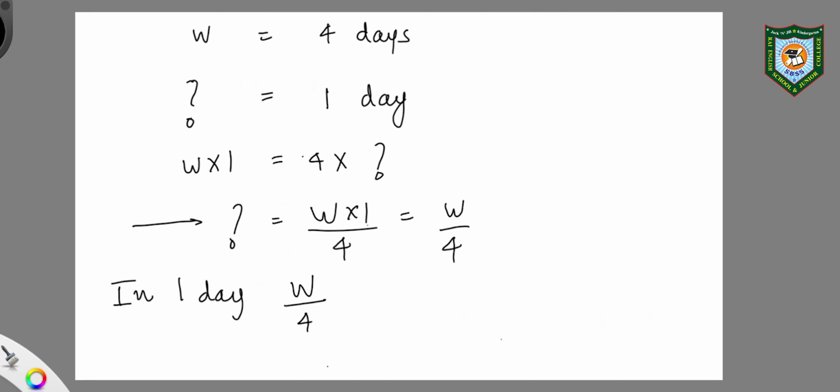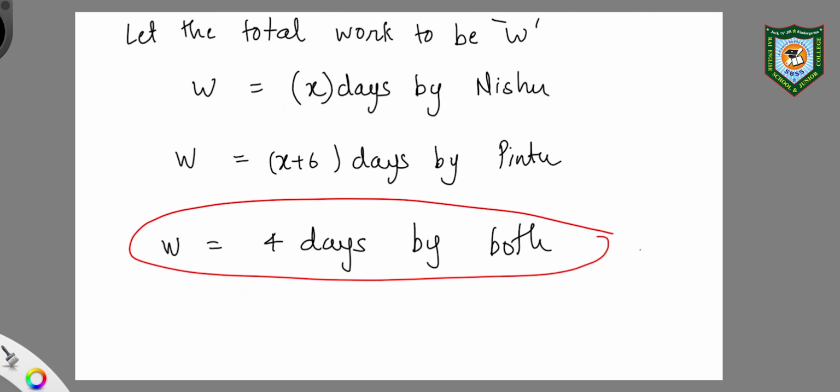Now back to our work for both of them individually. So now if Nishu completes the work in X days, that means Nishu will complete W divided by X work in 1 day. So we're going to do this mathematically. W is equals to X days.